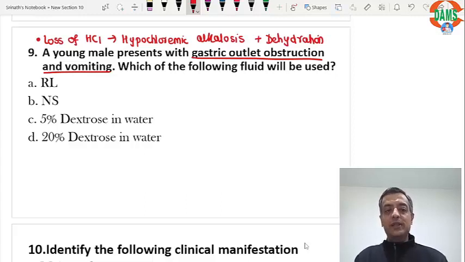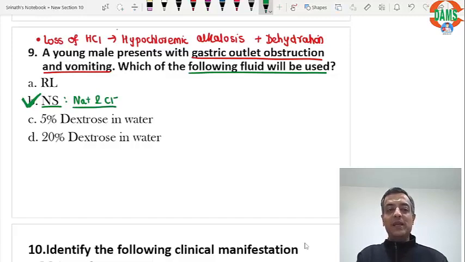In this situation, the best fluid to give is normal saline. Normal saline contains both sodium and chloride replacement. Chloride replacement is good to replace the lost chloride from the stomach, making it the best single fluid in the patient with persistent vomiting.